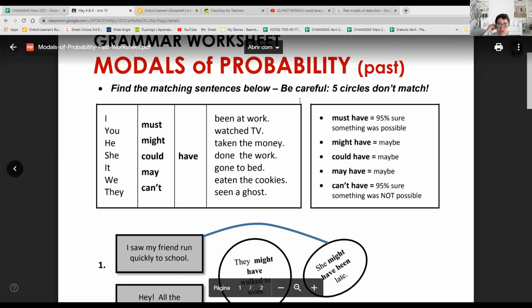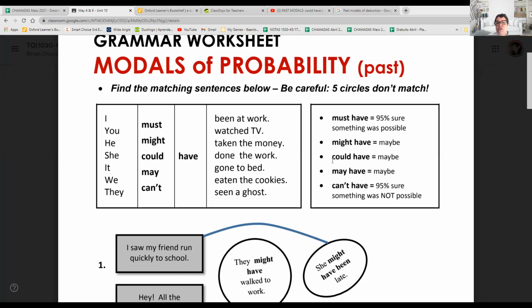Sorry, guys, I'm sorry about that. So here, might have, could have, and may have, maybe. So I'm not sure, all right? Can't have or couldn't have, then I need to say when I'm sure that it was not true. I'm absolutely sure that didn't happen. So 95% sure something was not possible.